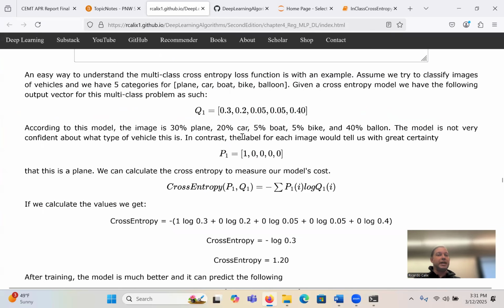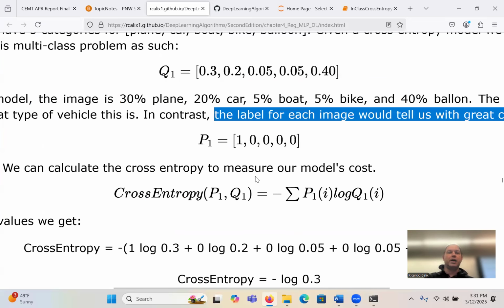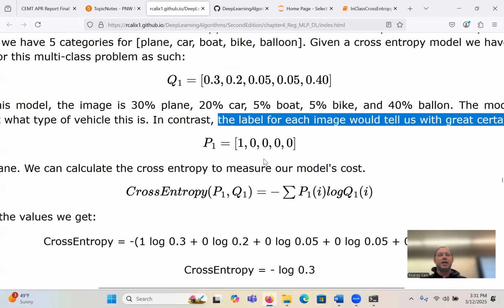In contrast, the label for each image would tell us with great certainty, right? Because the labels are 100% certain. So what is the vector for the labels going to look like? Well, if it's an airplane, it's going to say, I have 100% confidence that this is an airplane. So the probability of this being an airplane is 100%.